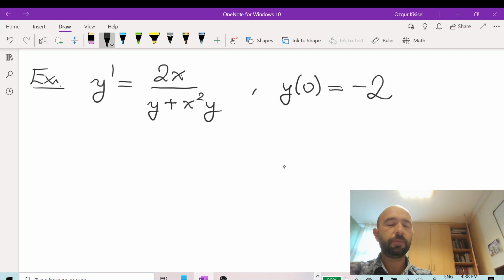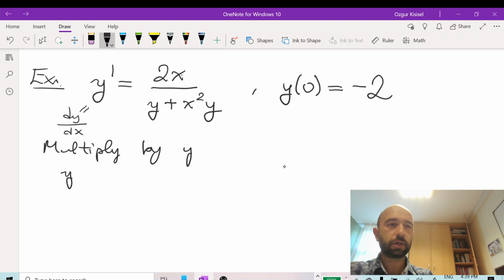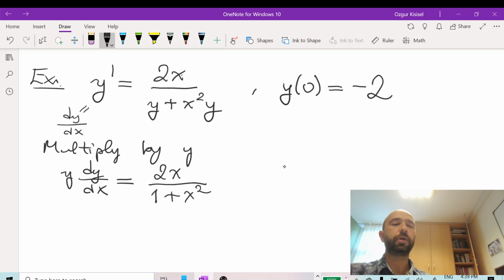Or you can say multiply both sides by y. So y prime is, remember, dy/dx. So if you multiply both sides by y, this will look like y dy/dx equals 2x divided by 1 plus x squared.